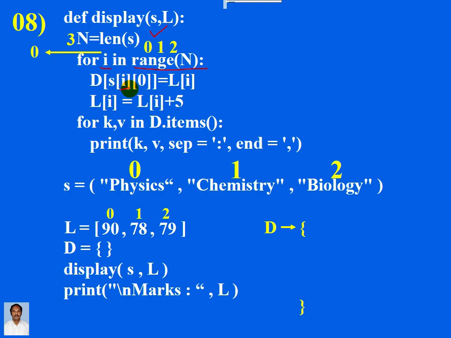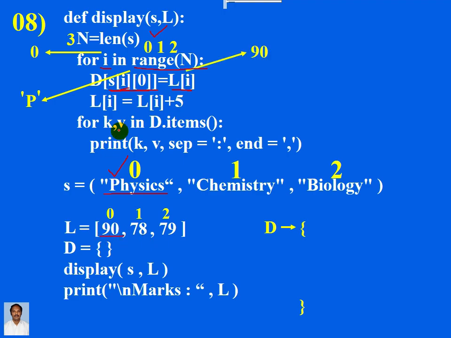Now I is 0. S of 0 means you will get the first element physics. Now physics of 0 means you will get the first character capital P. So here you get capital P. And what is I? I is 0. So what is L of 0? 90.